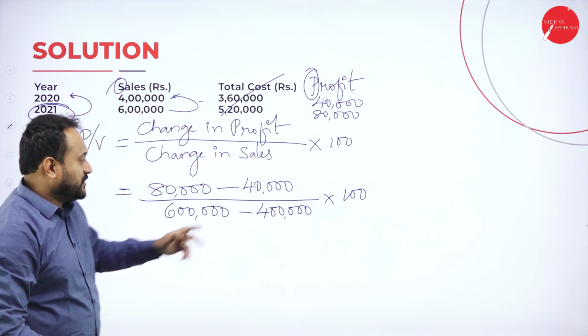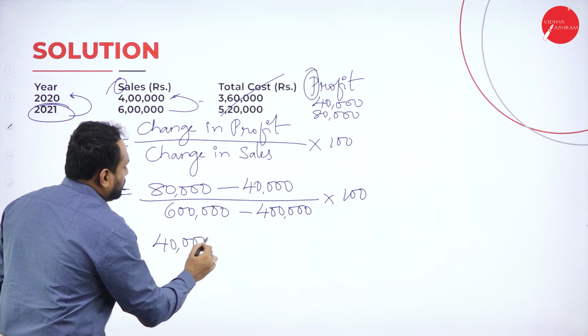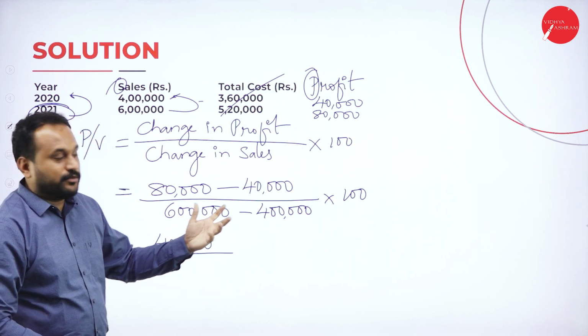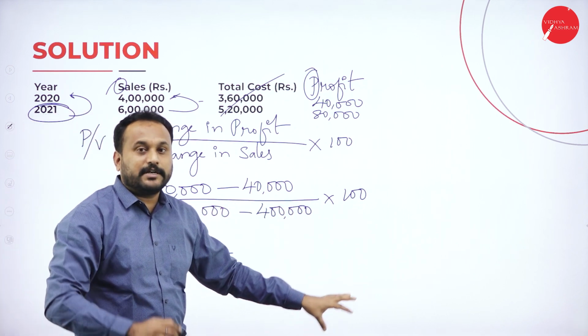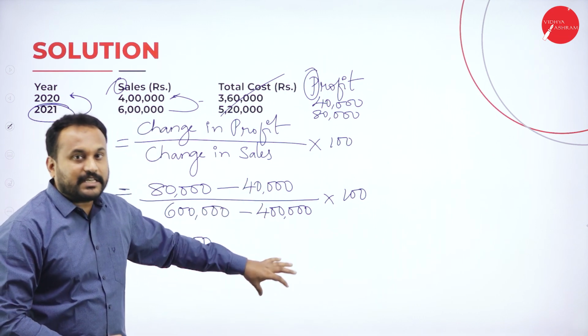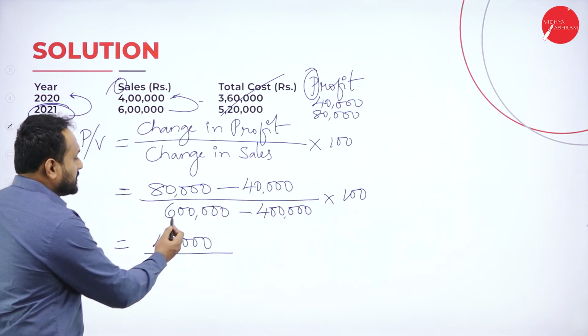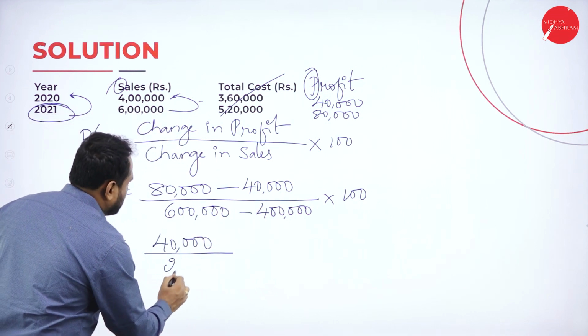So now what happened? 80 minus 40 is 40,000. Go with the step marks here, though you people can actually calculate using your calculator and find the final, but I'm telling you, PV ratio, whenever you find, if PV is correct, the entire other problems will be correct. Here 6 minus 4 is 2 lakh.